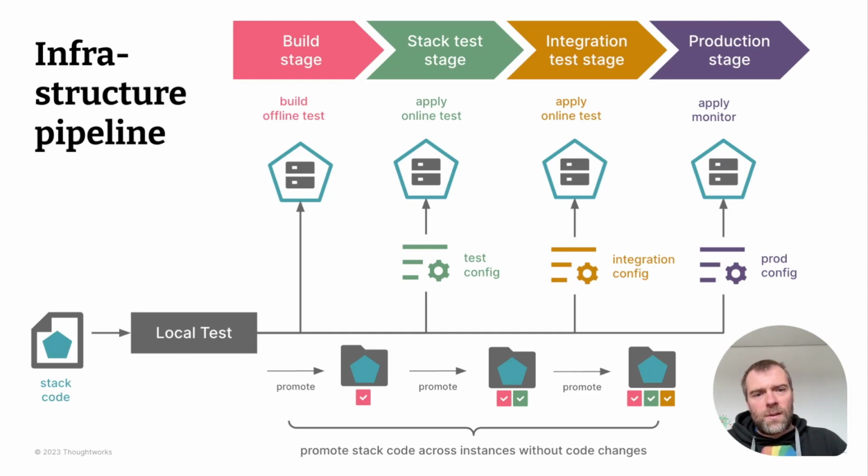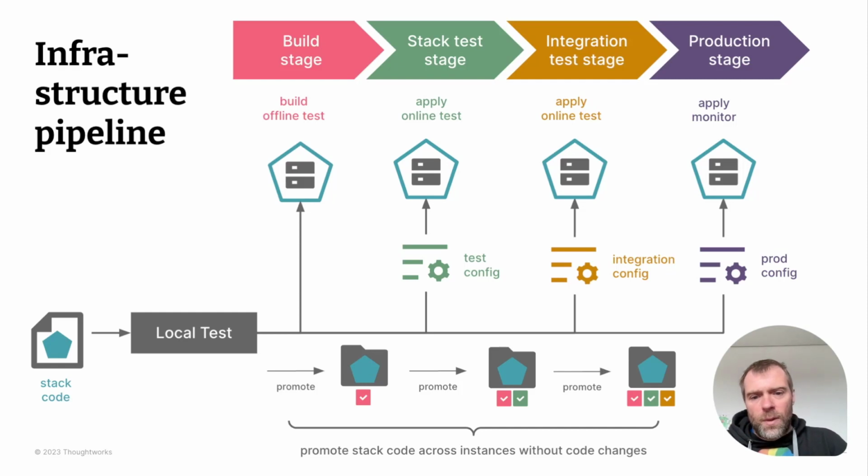And once this stage is green, we move on to the production stage where the code is finally applied to our production system with the production config. And passing those stages is what we usually call promotion in a continuous integration environment. And with each stage, we can be more certain that the code is actually doing what it's supposed to do before we really apply it to production.